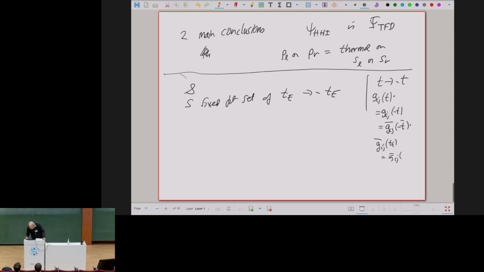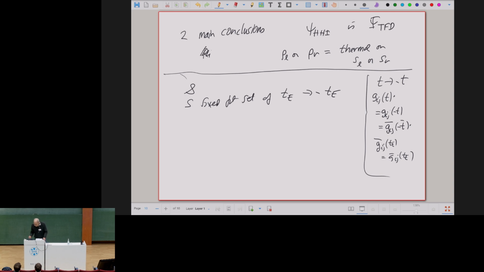Sorry, I need a bar. So I didn't explain it very well here. But the existence of the symmetry under T going to minus T meant we could continue to Euclidean signature from Lorentz signature. Now we're in the same situation in reverse. We have a symmetry TE going to minus TE, so we can continue to Lorentz signature.